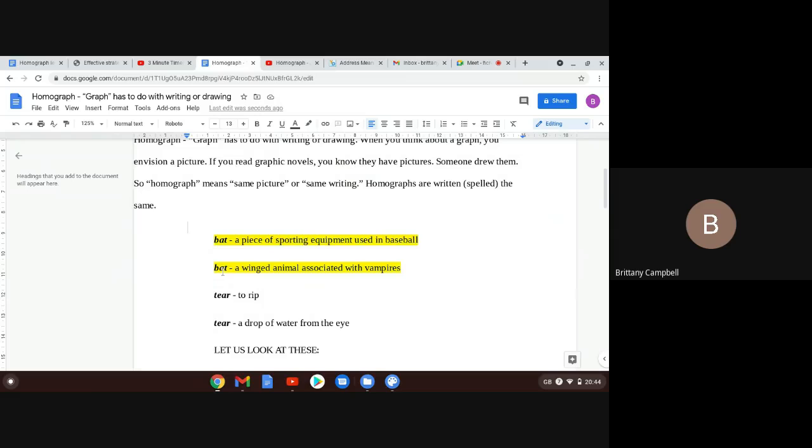And bat, a winged animal associated with vampires. And I'm pretty sure that when we talk about bat, some of us even think about cricket. Yes? So, a possible sentence, let me just put it here on the screen, that we could think about when we talk about bat.